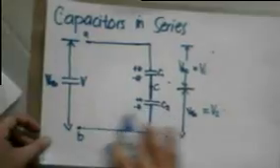Now for our potential difference from point A to B, we can say that that is our total V. So that is equal to V, which is equal to V1 from point A to C plus V2 from point C to B. This is equal to Q times 1 over C1 plus 1 over C2.